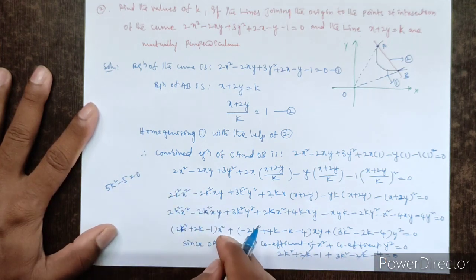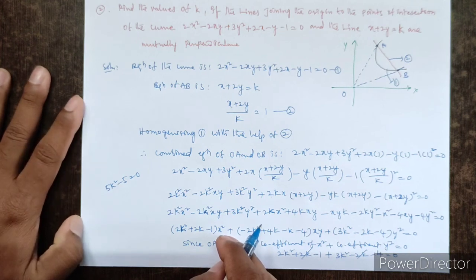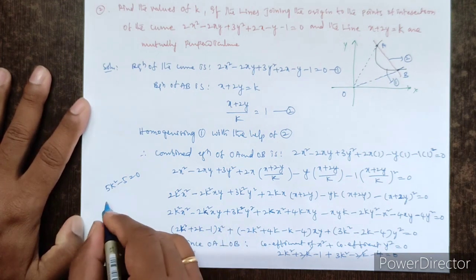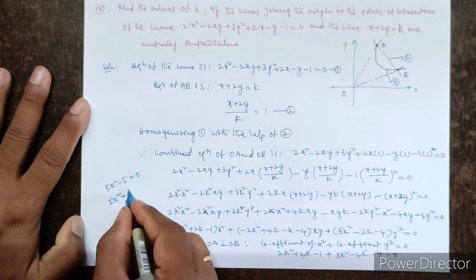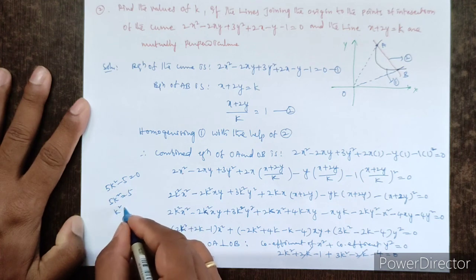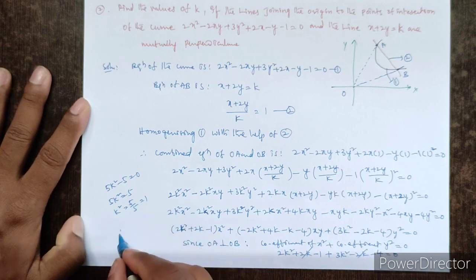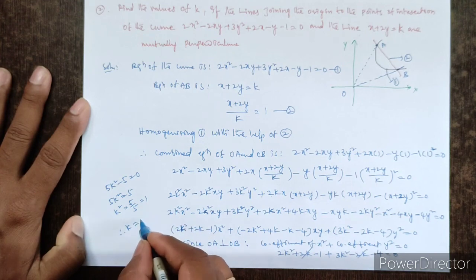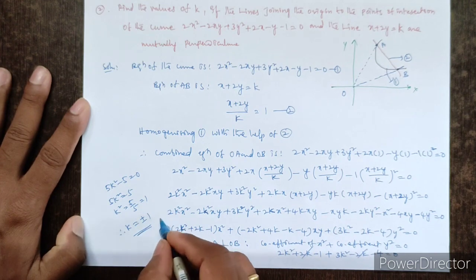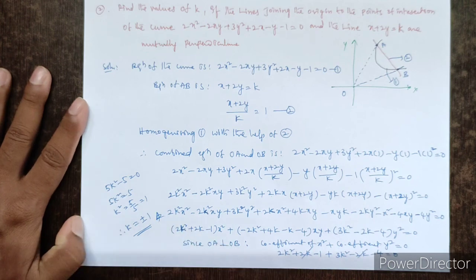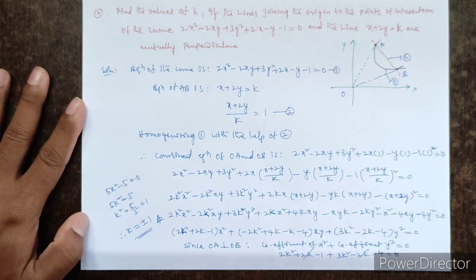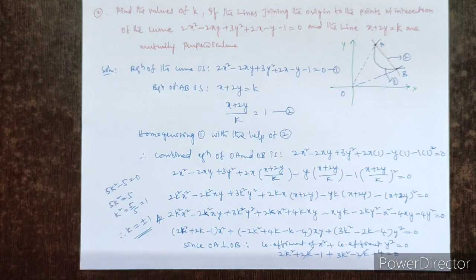So 5k square minus 5 equal to 0. So 5k square equal to 5, k square equal to 5 by 5, which is 1. Therefore k equal to plus or minus 1.